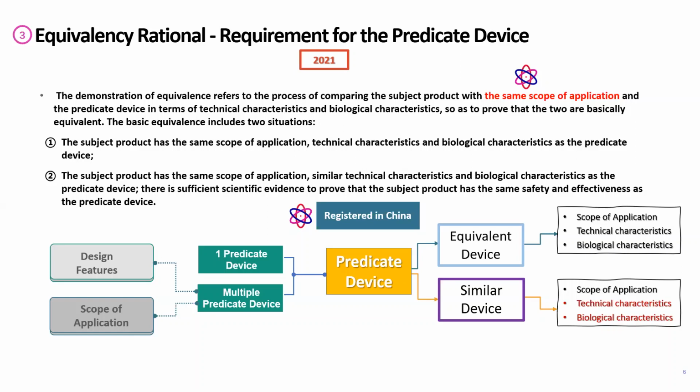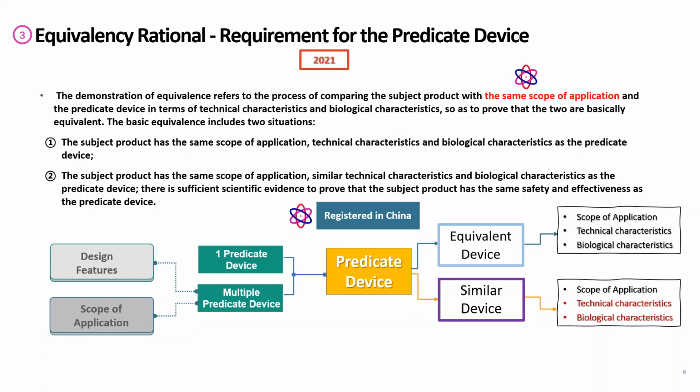But another good thing is that we have two choices. They give us the definition that the predicate device includes one, an equivalent device, and two, a similar device. What is the equivalent device? It's an ideal definition. Basically, it says that the scope of application and the technical and biological characteristics of the predicate device are the same as the subject device.